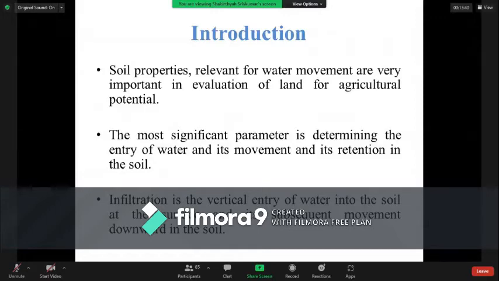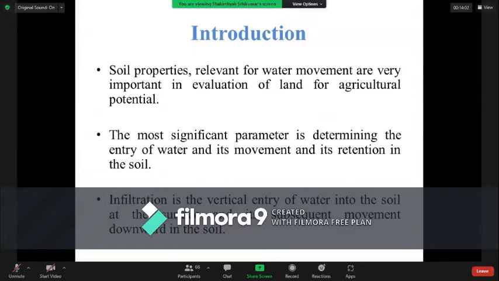Why? That soil can't hold that water. And if a land is compacted, what will happen? There is no space in between the soil particles, so infiltration is very low.